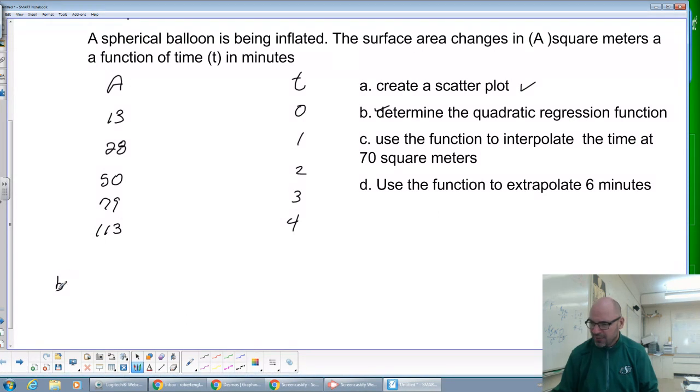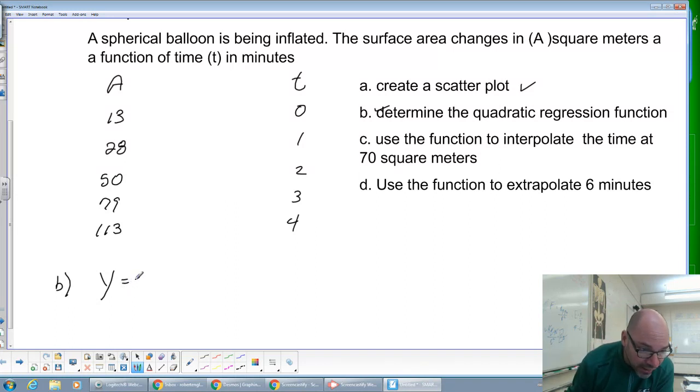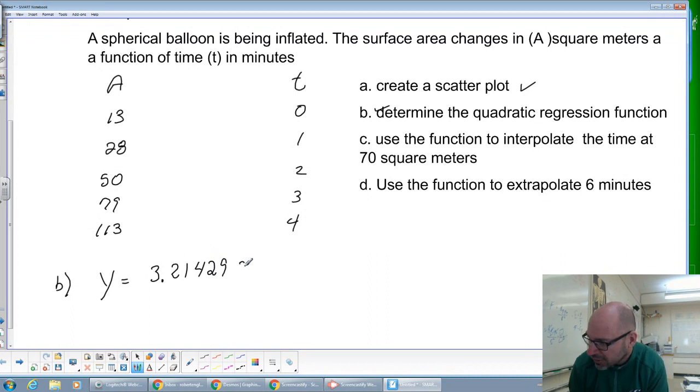So B is, okay, so I'm going to just write it out. According to what it says on the screen, and I have to stare at it a little bit, the quadratic function is y equals ax squared. So a is 3.21429. 3.21, and how far should I go? I don't know. I'm just going to write the whole thing in: 3.21429 x squared.